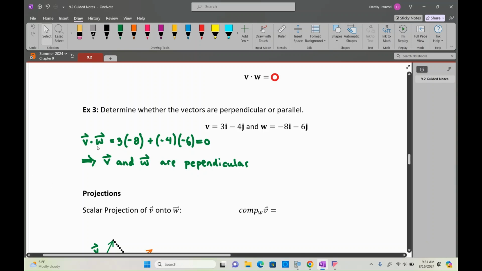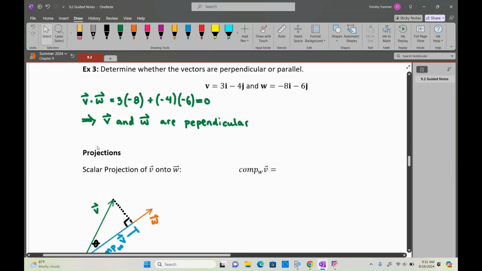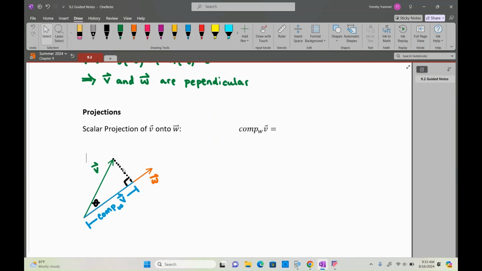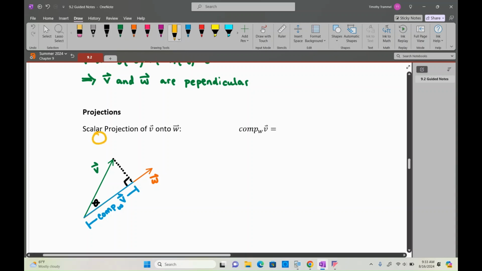All right. So another couple applications that we could talk about are projections. Here we have a picture of a scalar projection of V onto W. And I want you to think about this projection like a shadow. You could imagine that maybe we have some light source up here and it's causing this shadow.